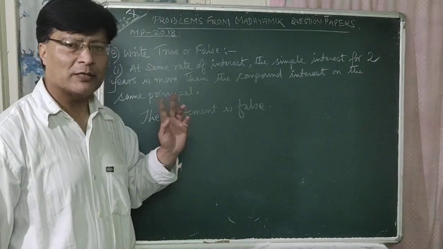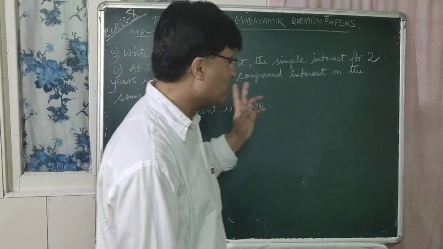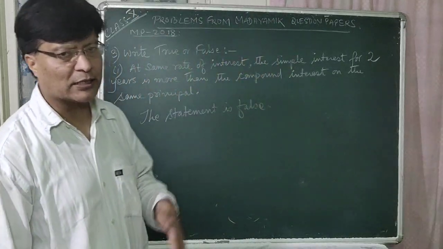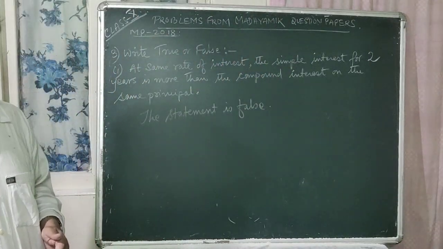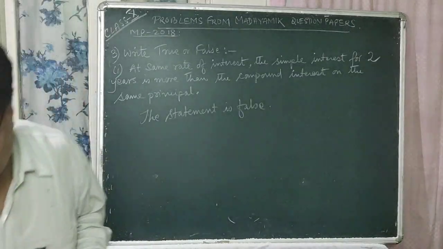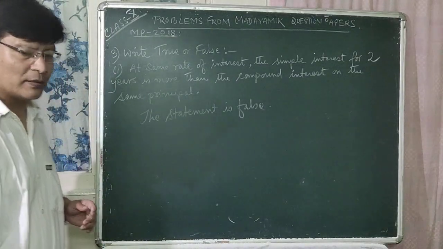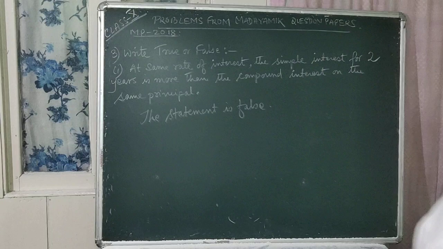Is that clear? Simple interest भन्दा चाहिँ compound interest चाहिँ एकदमै ज्यादा भएर जान्छ. बुझ्नु छैन? After 2 years. Is that clear now? So we'll do the next question again.